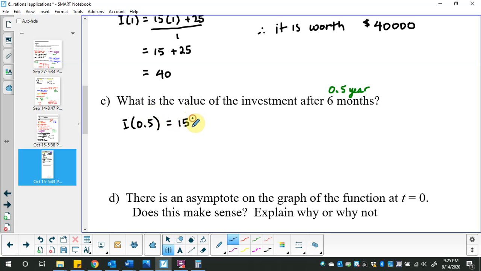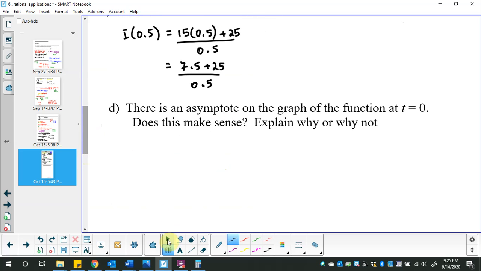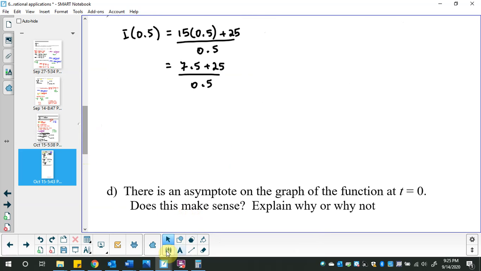So 15 times a half plus 25 over a half. So half of 15 is 7.5 plus 25 divided by a half. 25 plus 7.5 is 32.5 divided by a half.